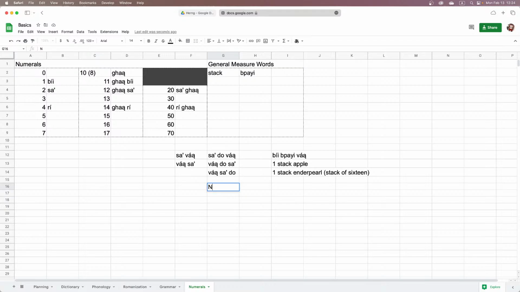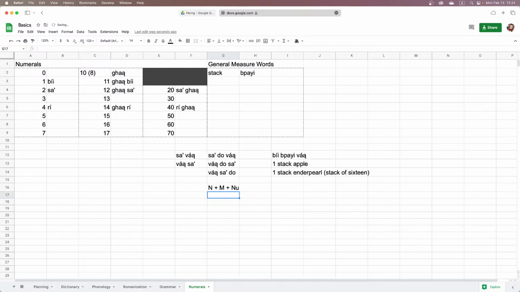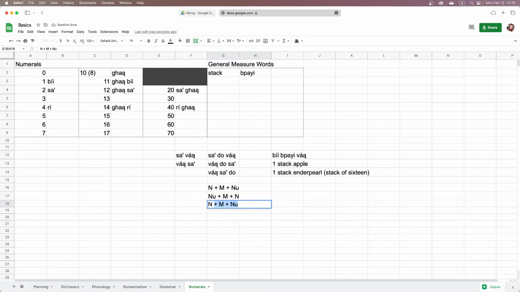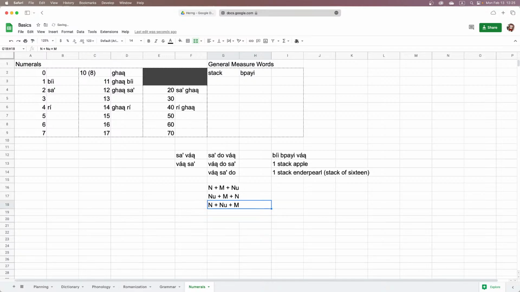So measure plus noun plus numeral, or should it be numeral plus measure word plus noun? Should it be noun plus numeral plus measure word? I think deciding which of these we will do will also decide to an extent adjective order as well.